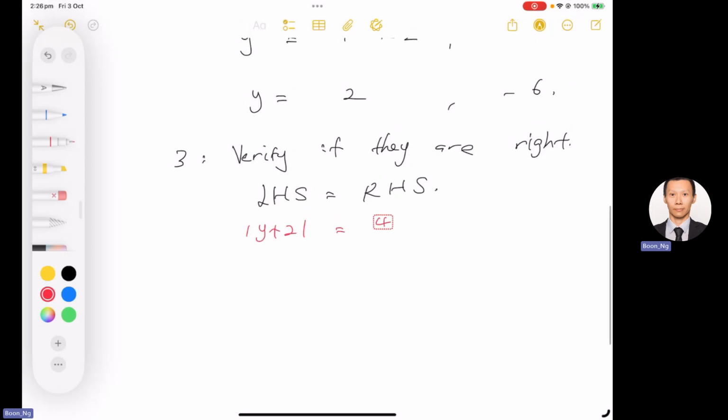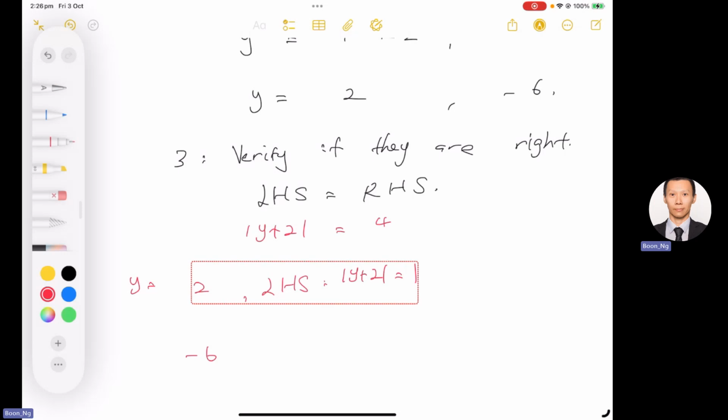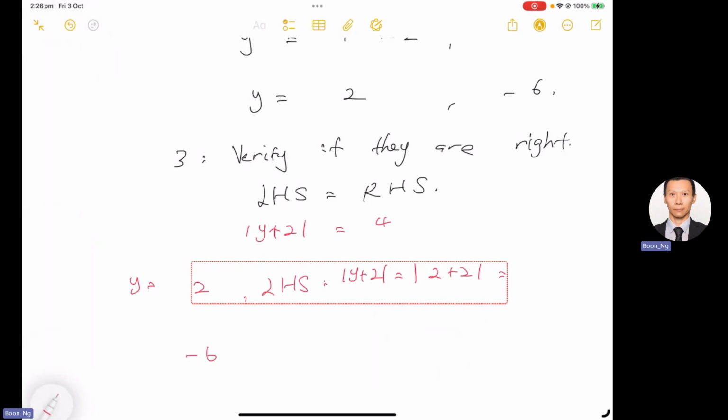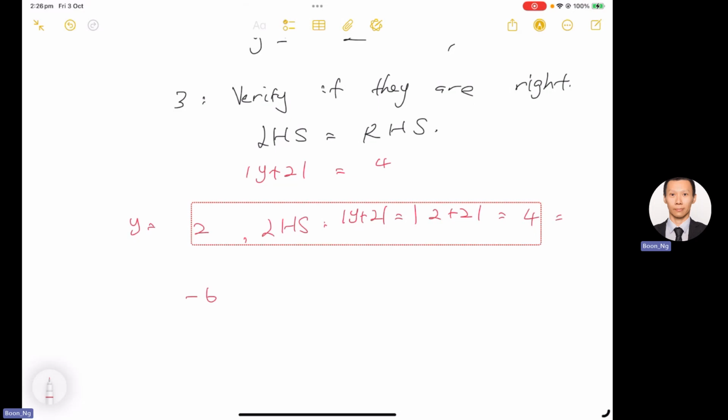Okay, so we have two values: y equals 2 and y equals negative 6. The left-hand side is absolute value of 2 plus 2, which equals 4, and that is equal to the right-hand side.